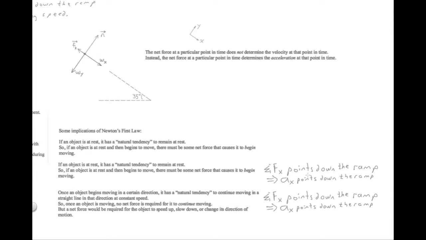The object began at rest, and apparently at that time, the weight force exceeded the frictional force in magnitude. So that created a net force in the x component pointing down the ramp and created an acceleration at the beginning of the problem, down the ramp, that explains why the object began moving down the ramp.